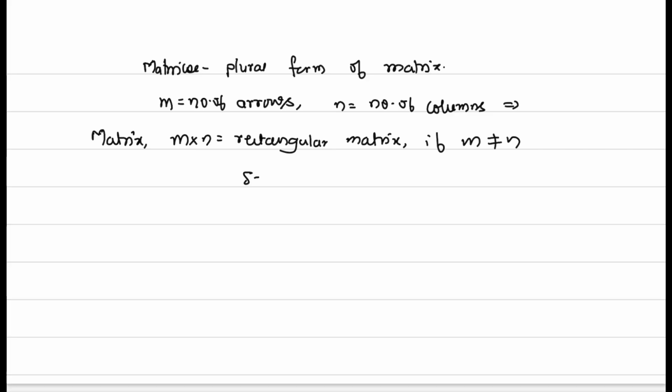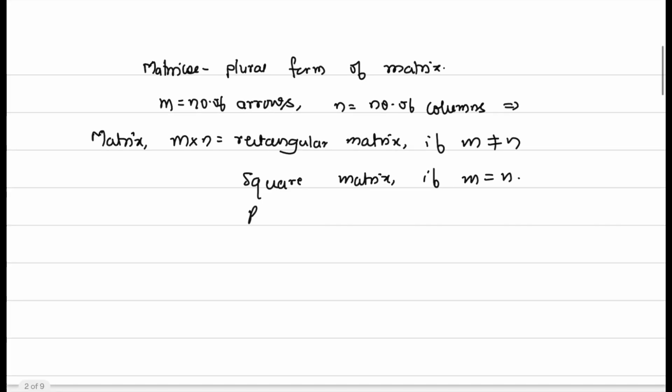It is a square matrix if the number of rows is equal to the number of columns. It is a row matrix if m is equal to 1, not n is equal to 1.